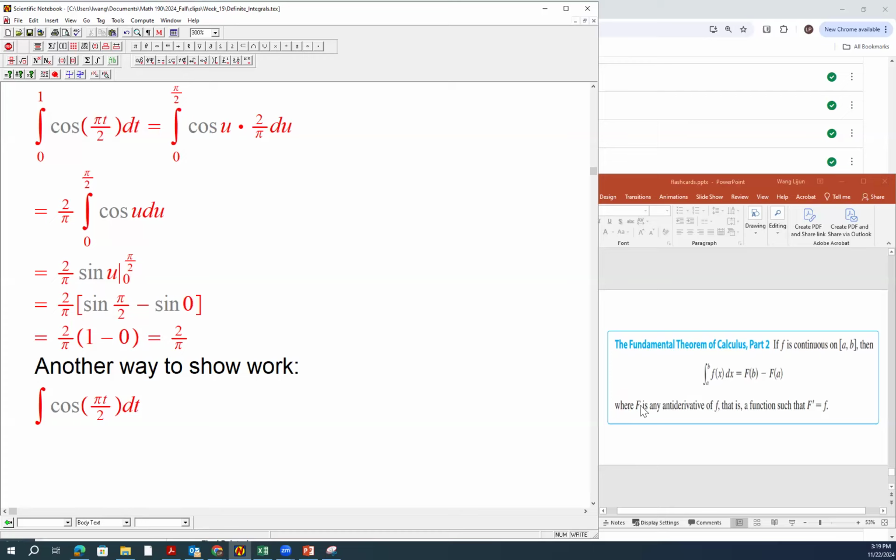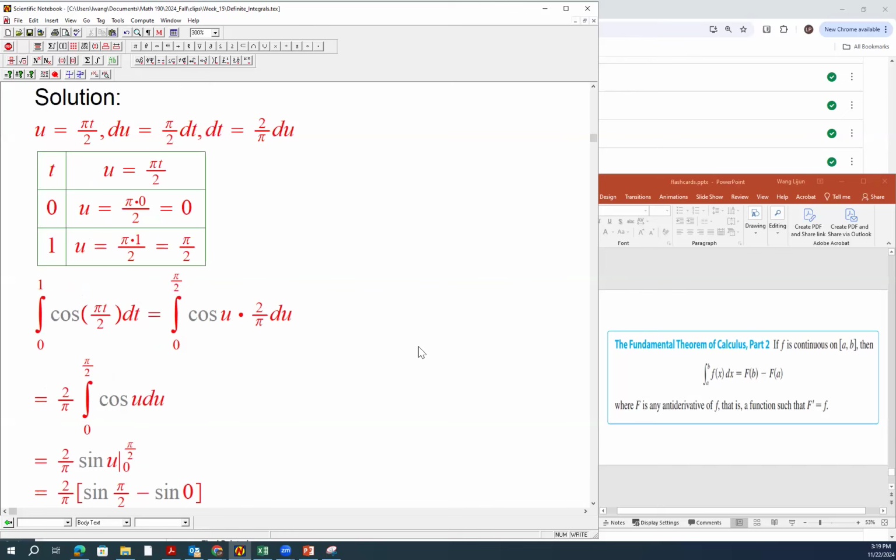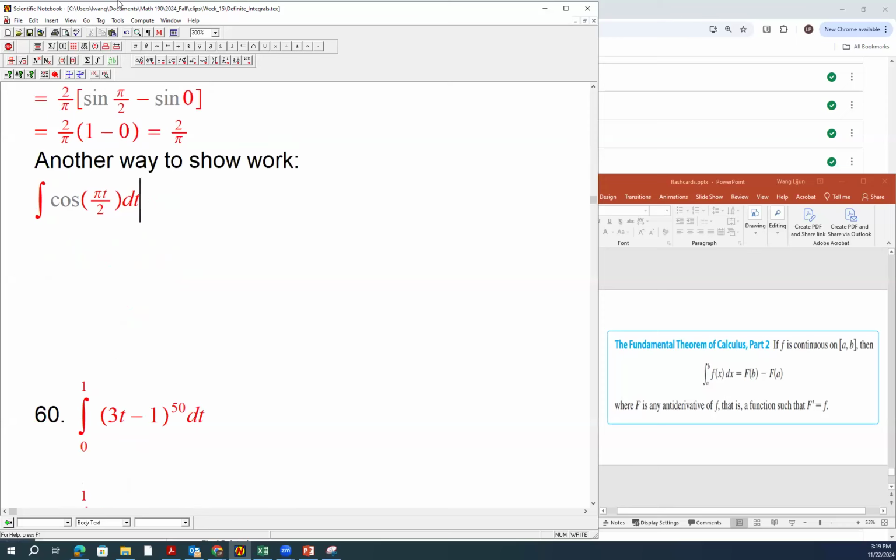So we just want to find the antiderivative. How many antiderivatives do we need? We only need one, because capital F in the theorem is any antiderivative of f. So we're going to find that antiderivative, and of course, we're going to do substitution. We don't need a table.